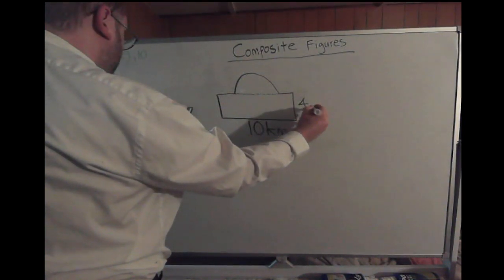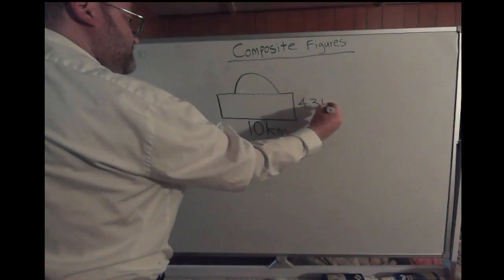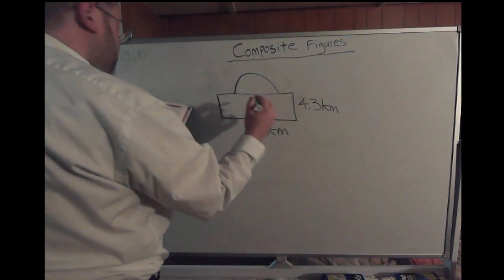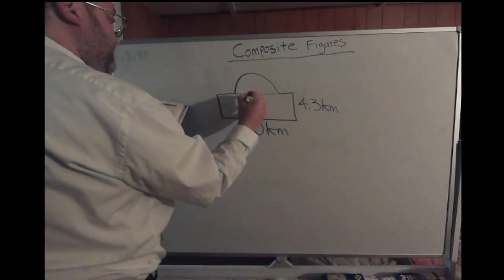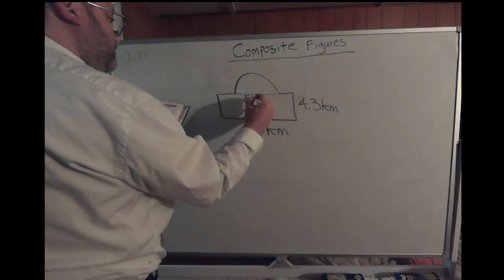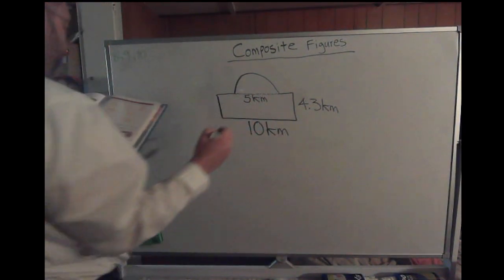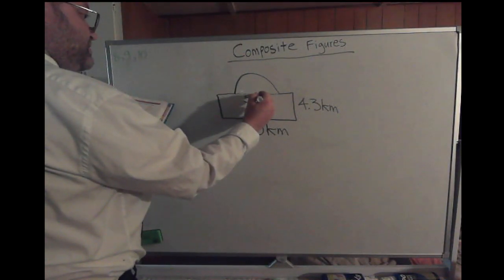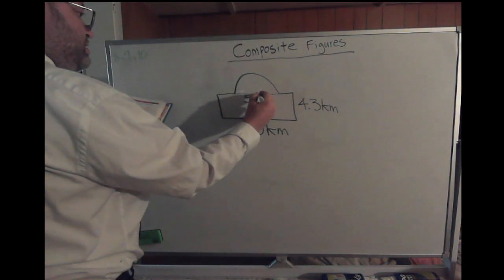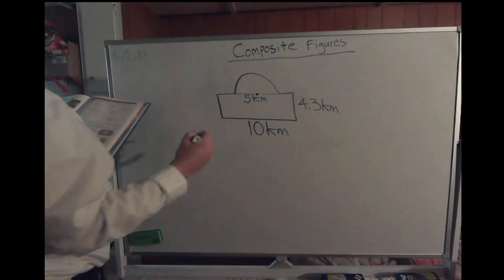The width is 4.3 kilometers. We got the diameter of the circle being 5 kilometers for the whole diameter. This would be the center of the semicircle. There's the center of the semicircle right there.